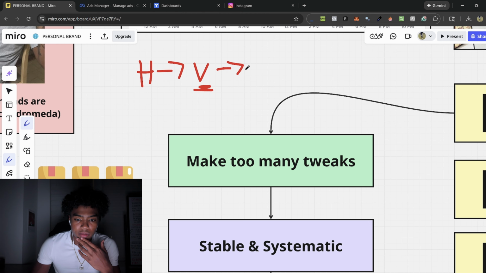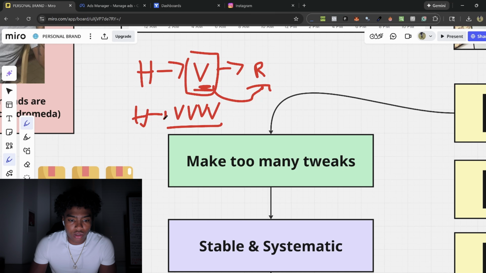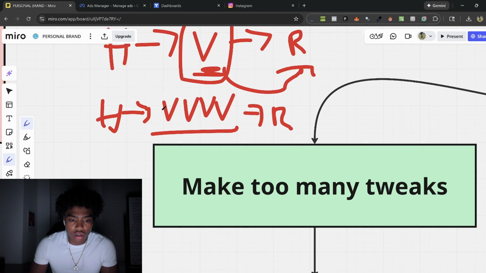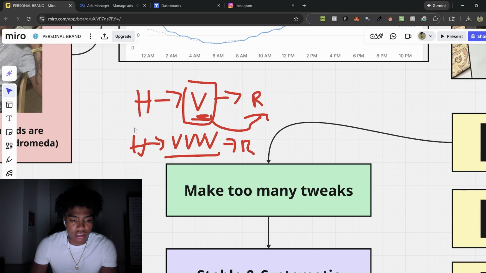So now you can see, based off the results, whether that variable that you changed had a positive or negative impact to your ad account essentially, or to your overall business as a whole, right? So when you introduce a lot of variables at one time, essentially what you're doing is not giving yourself that feedback loop of, okay, boom, I did X and Z happened, essentially. You know what I'm saying?